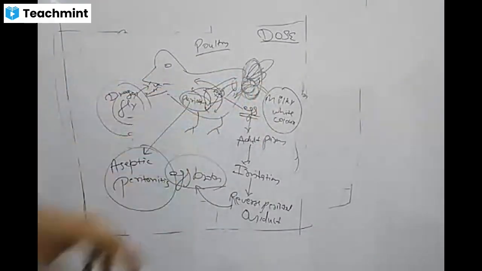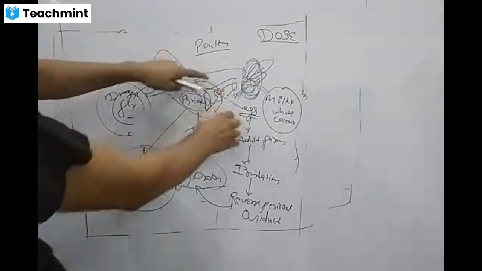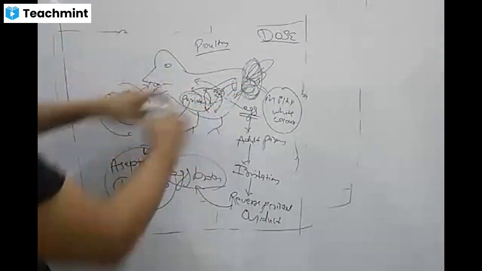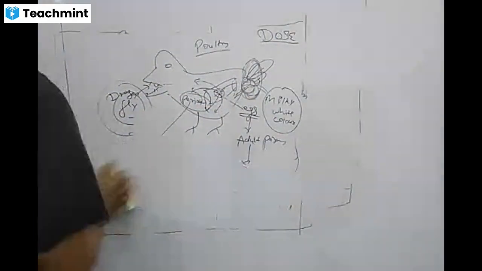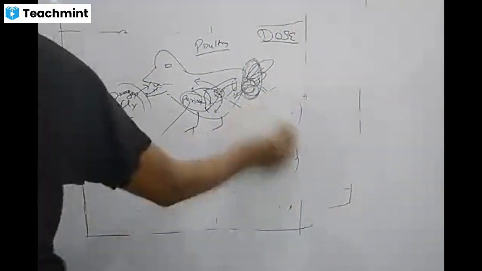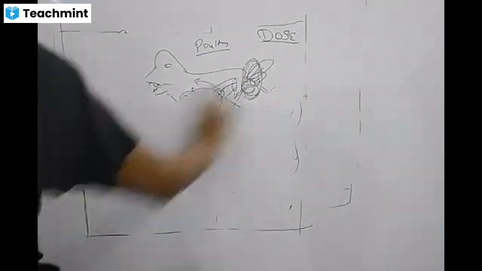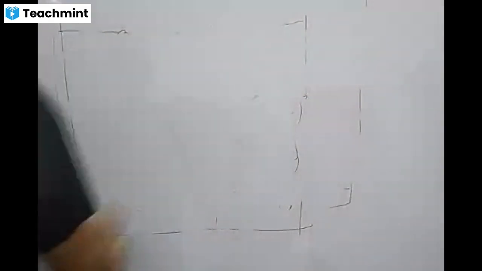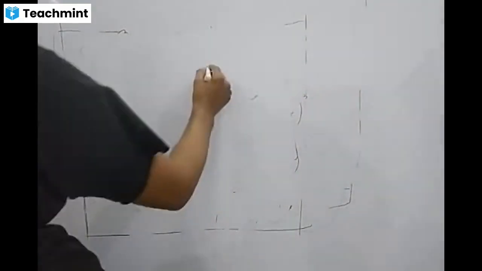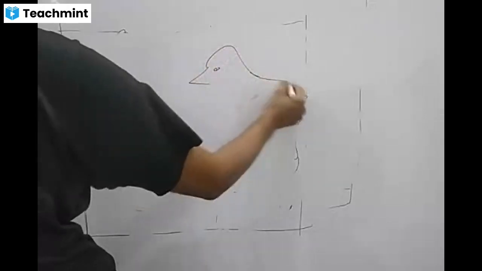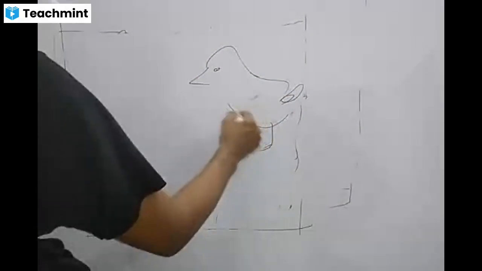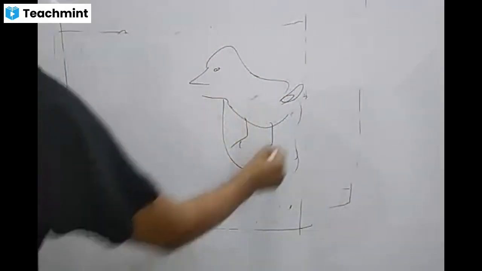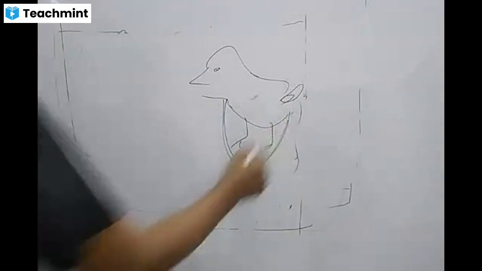The third clinical sign: because the egg content has entered into the peritoneum, the abdomen will become like this.